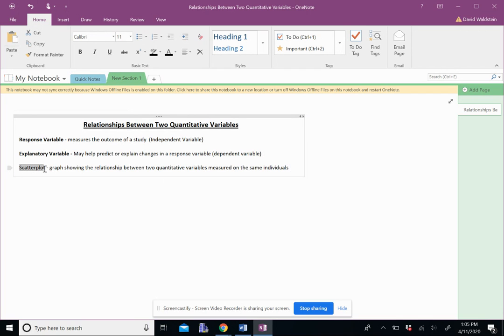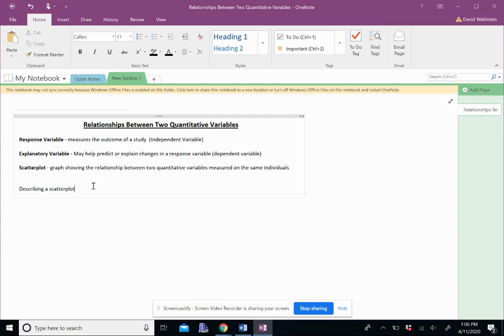So basically, if we're talking about people, our two variables are going to be both on that same person. If we're talking about cars, or whatever it is we're talking about, we're going to use a scatter plot to measure that. All right. So some examples, we'll see some scatter plots later actually, but now we're going to move on to what we're going to use to describe a scatter plot.